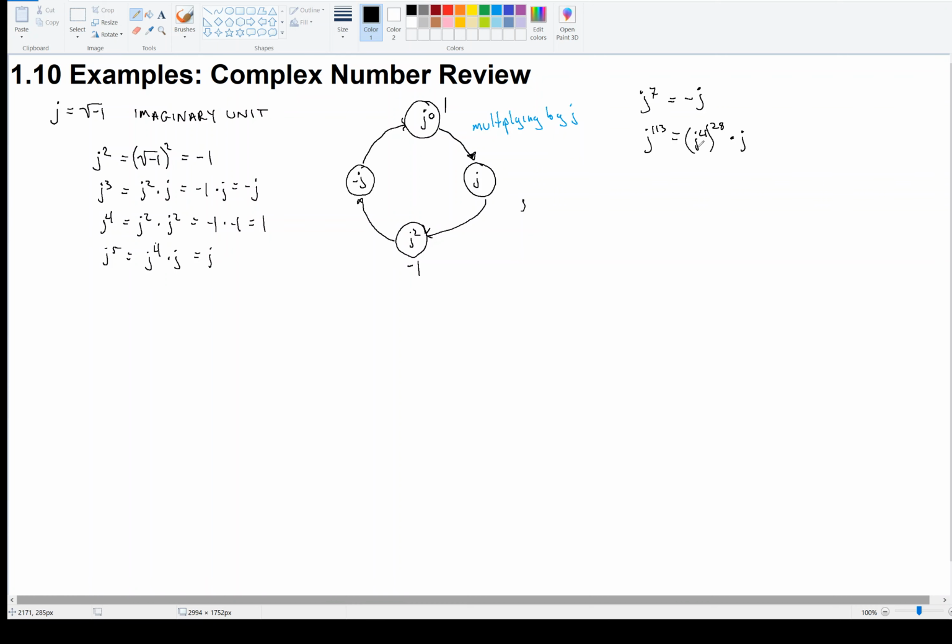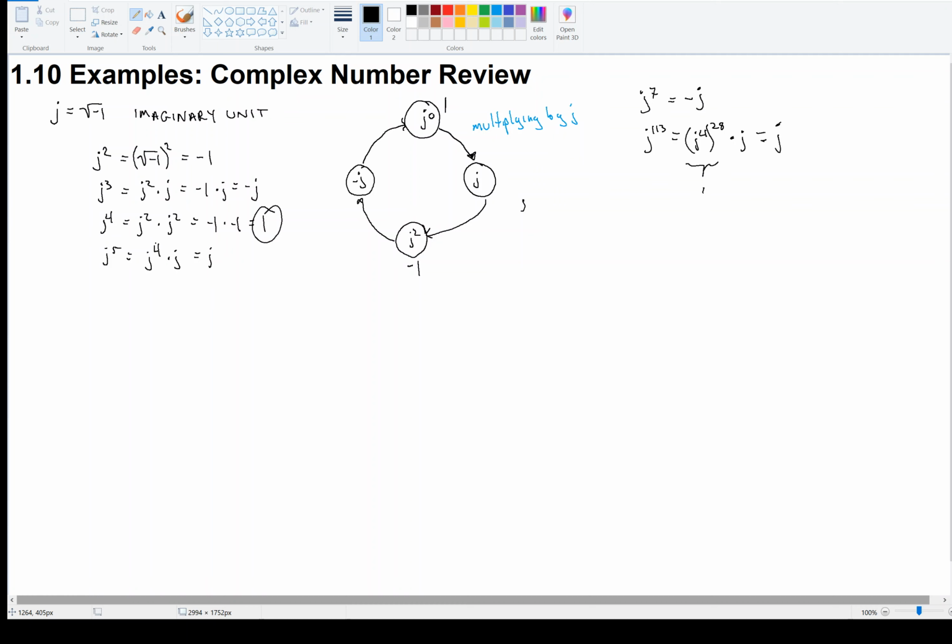And why do I want to write it as J to the 4th? Because that's how many times around the circle we went. So J to the 4th represents one time around the circle. And so that to the 28th, J to the 4th is just 1. So that to the 28th, this is just 1 here. And so this is just equal to J. So I can always write a power of J as either 1, -1, J, or -J.